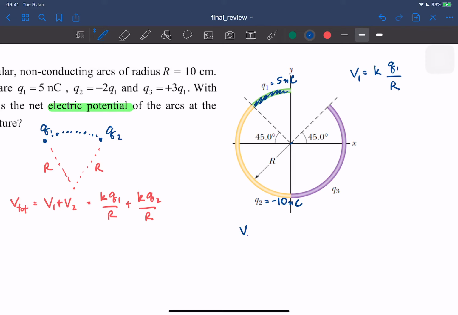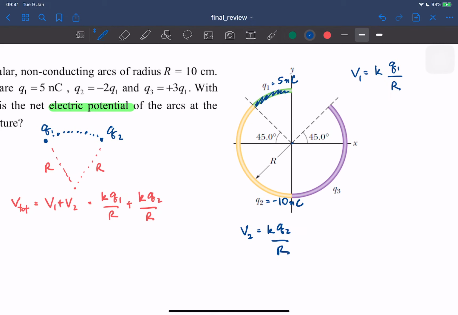So V2 will again be K times Q2 divided by R. This problem is very simple because every point on the curve is the same distance to the center.